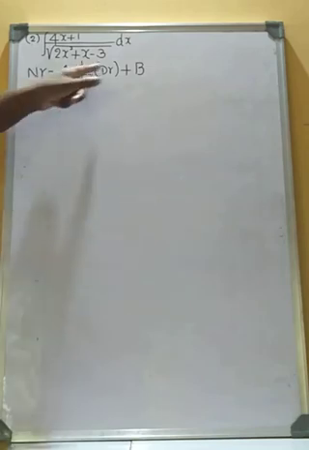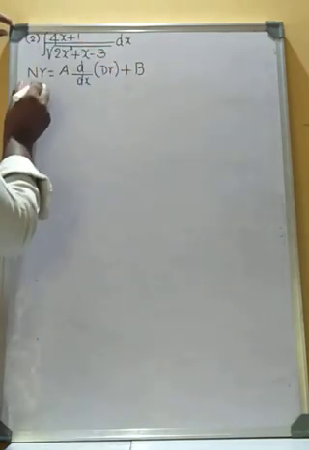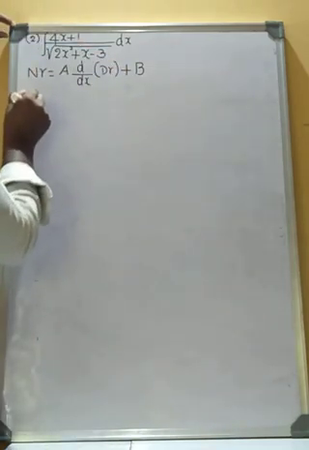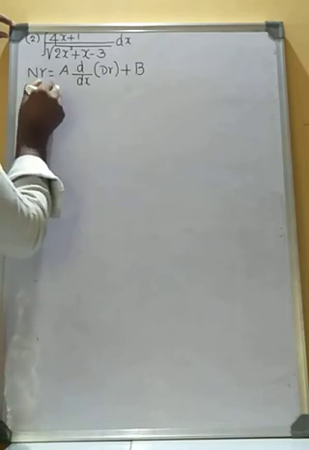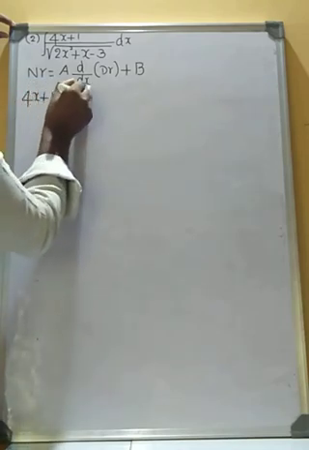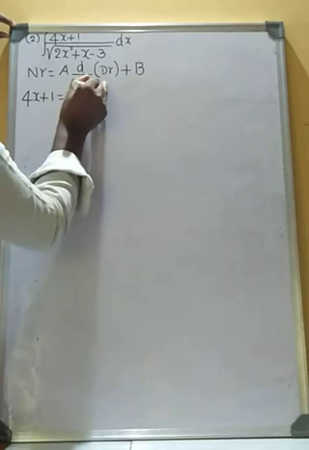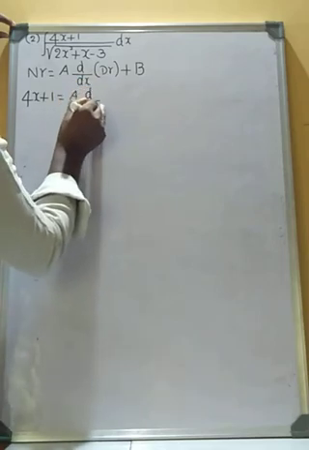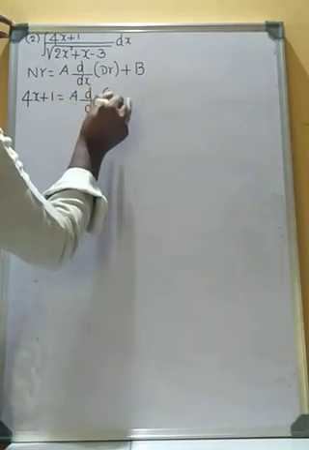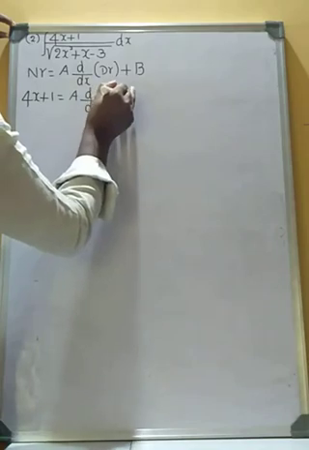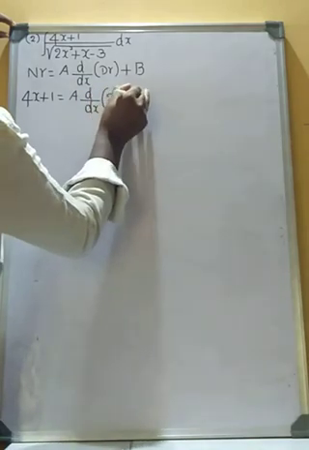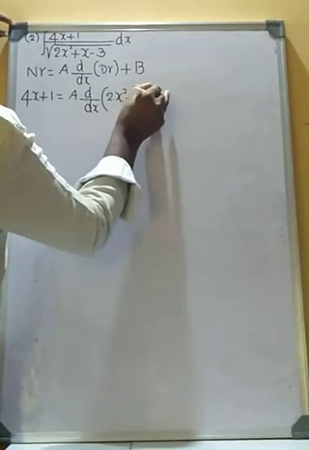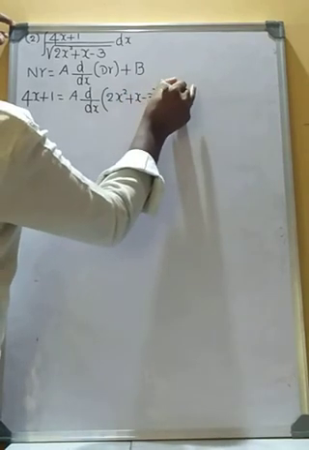Find a and b. What is the numerator? 4x plus 1 equals a into d by dx of the denominator, which is 2x square plus x minus 3, plus b.